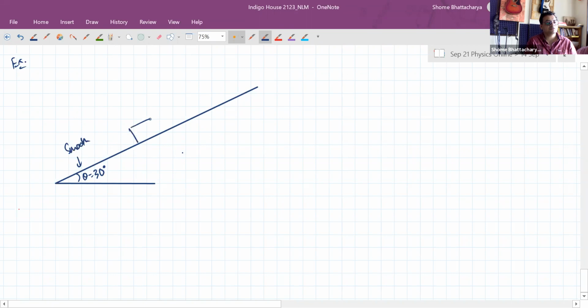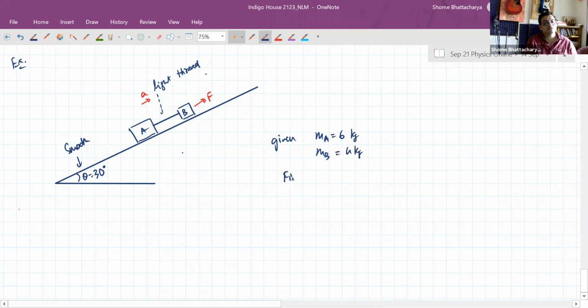And what we've done is we've taken a combination of two blocks, A and B, but they are attached by a light thread. Now we are applying some force on them such that the system accelerates up the inclined plane. So suppose given that mass of block A is 6 kilograms, mass of block B is 4 kilograms.